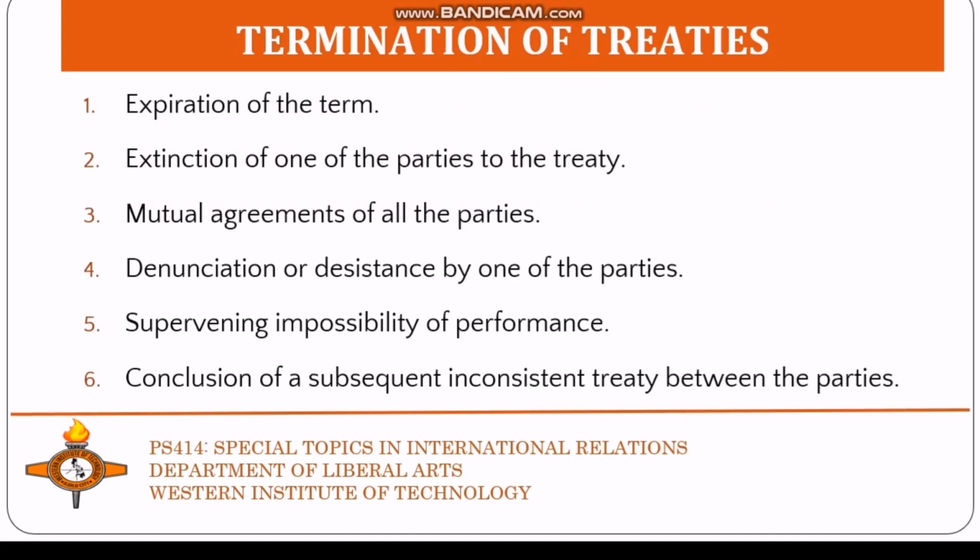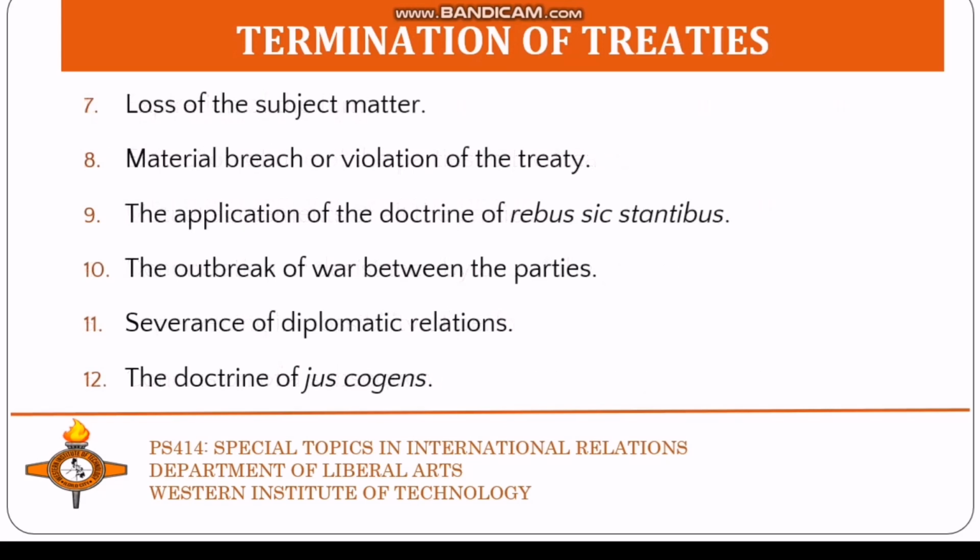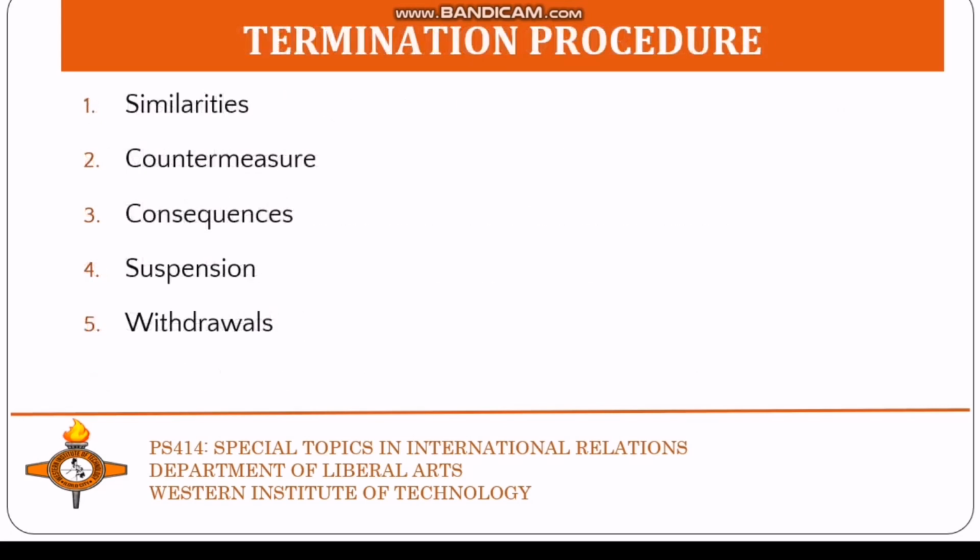First we have the expiration of the term, then the extinction of one of the parties to the treaty, then the mutual agreement of all parties, then denunciation or desistance by one of the parties, then we have the supervening impossibility of performance, then the conclusion of a subsequent inconsistent treaty between the parties, loss of the subject matter, material breach or violation of the treaty, the application of the doctrine of rebus sic stantibus, then the outbreak of war between the parties, severance of diplomatic relations, and lastly, we have the doctrine of jus cogens.